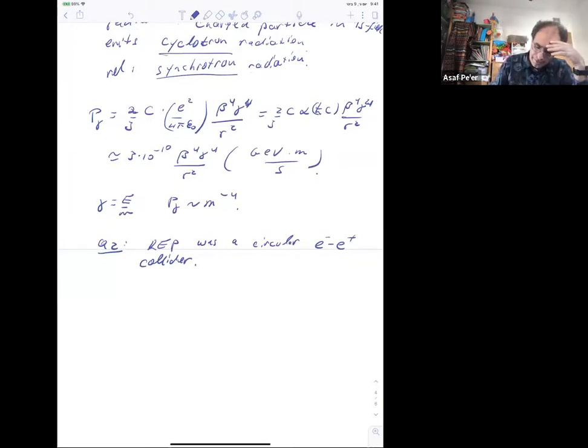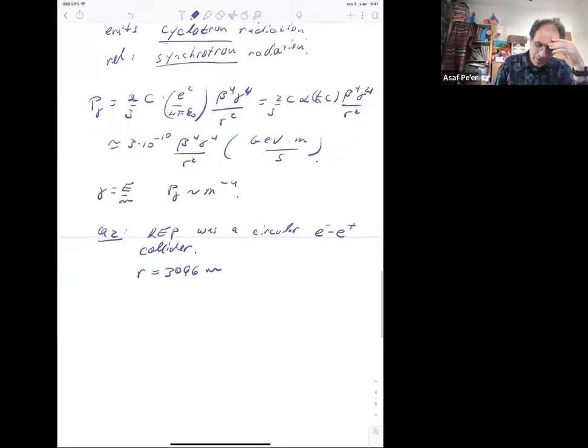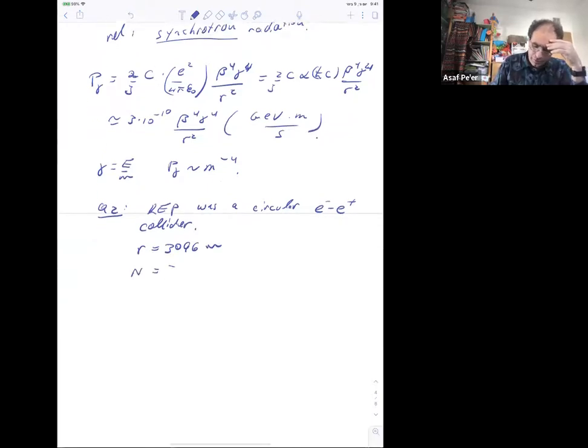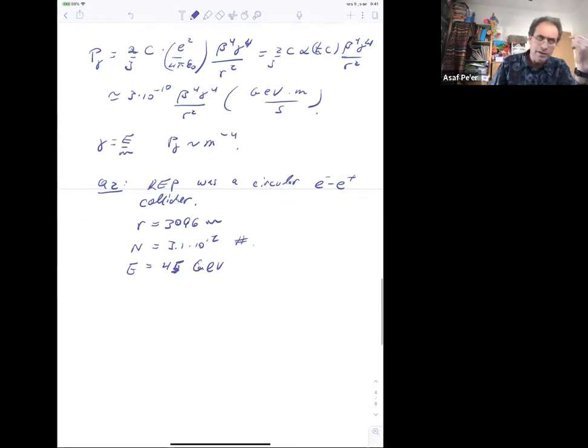Now the radius was 3,096 meters, and each beam contained N of 3.1 times 10 to the 12 particles, and the beam energy was 45 GeV. That was the energies that were reached, and the particles were revolving inside the collider at about 7,000 hertz.